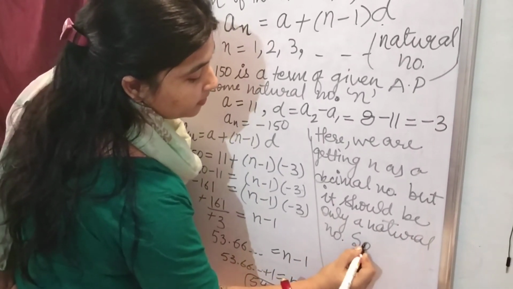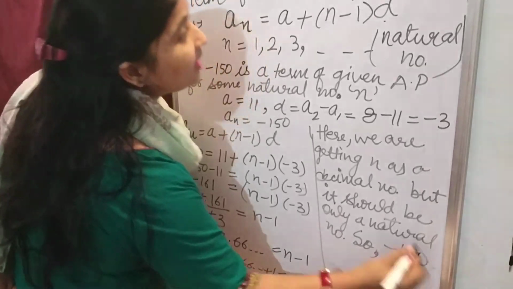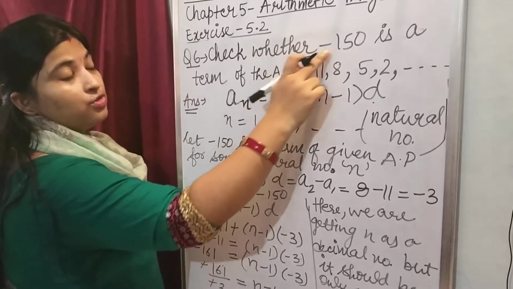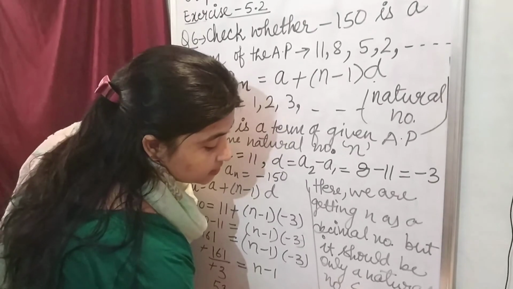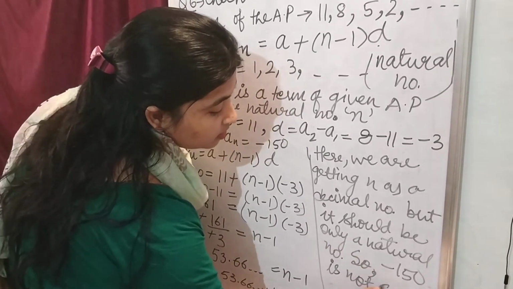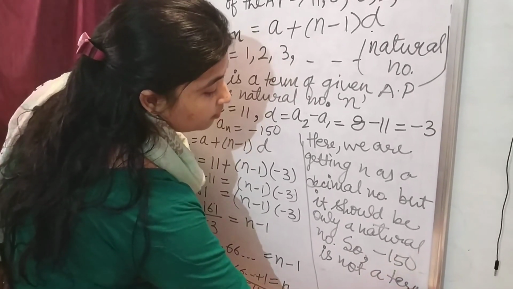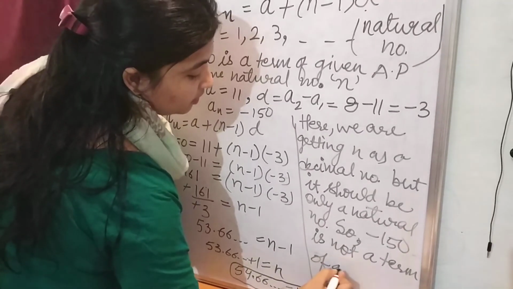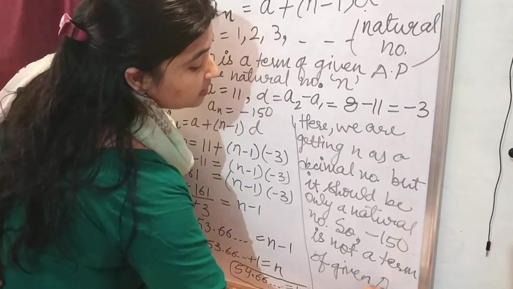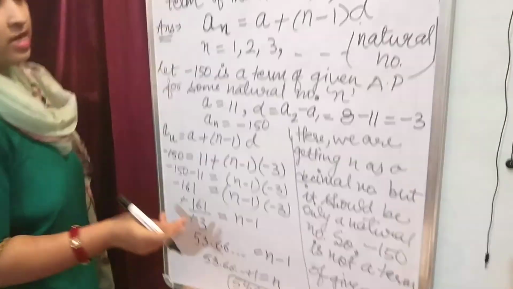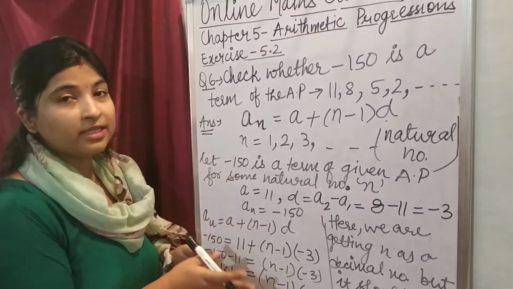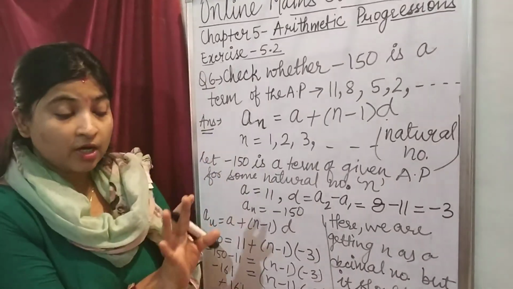So minus 150 is not a term of the given AP. Understood, students? This is the way you have to write the whole language, and by this the question is completed: minus 150 is not a term of the AP.